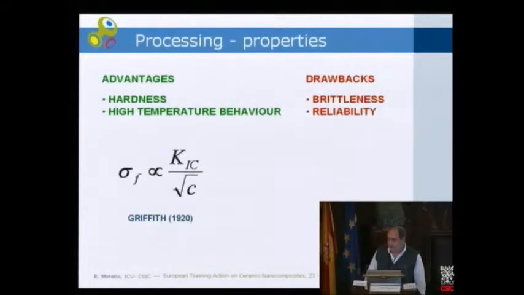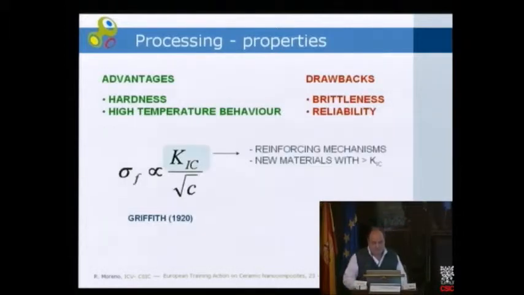Griffith, in 1920, established this very simple equation, which states that the fracture resistance of a material depends directly on the fracture toughness, which is the resistance to crack propagation, and is inversely proportional to the square root of the critical defect size.